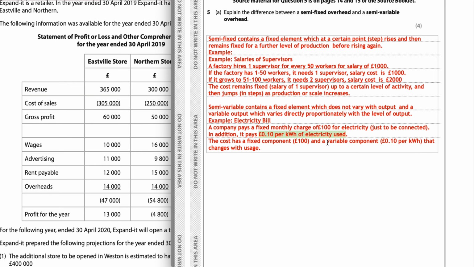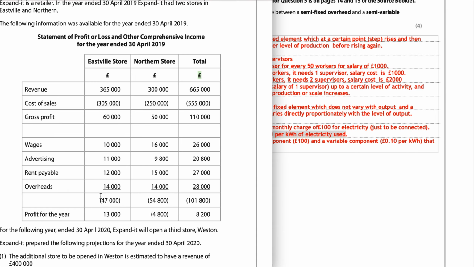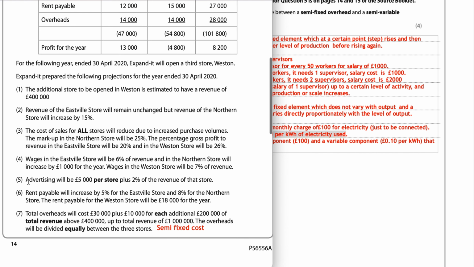So it has a fixed component plus a variable component which varies with the amount of usage. In the example given here, advertising will be 5,000 per store plus 2% of the revenue of that store. So this is going to change with the output. One is a fixed component, but there is also a variable component. So this is a type of semi-variable cost in this example.